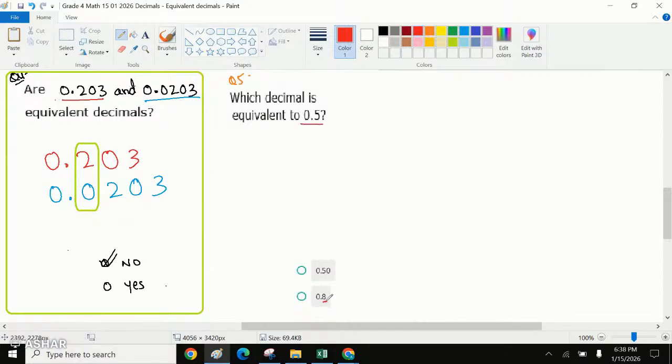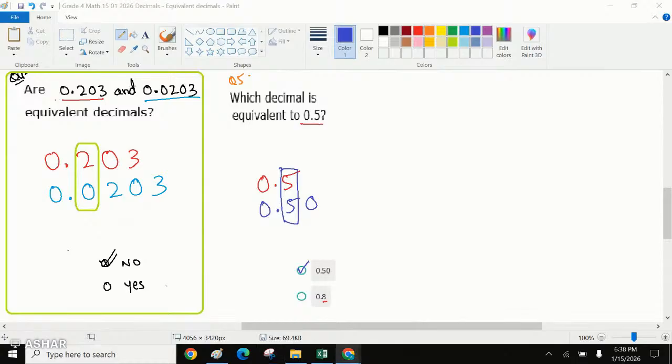Simply, we can say this has 8. 8 cannot be equal to 0.5, right? So if this was 0.5, an equivalent can be 0.50, where these two numbers have to be the same. Yes, option number 1. Thank you. Just by looking at both options, we can also find the answer.